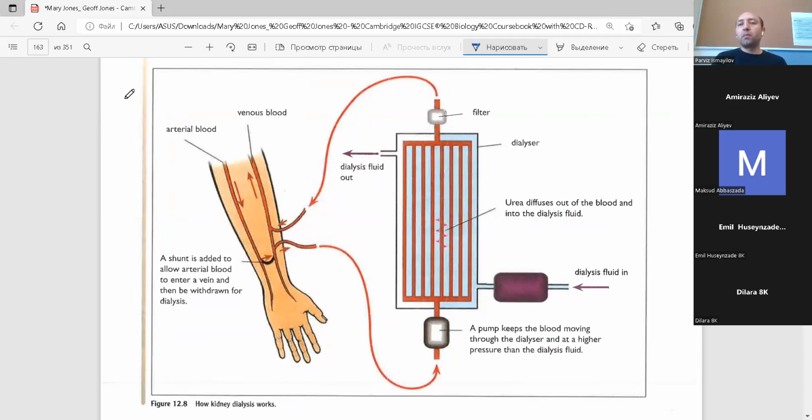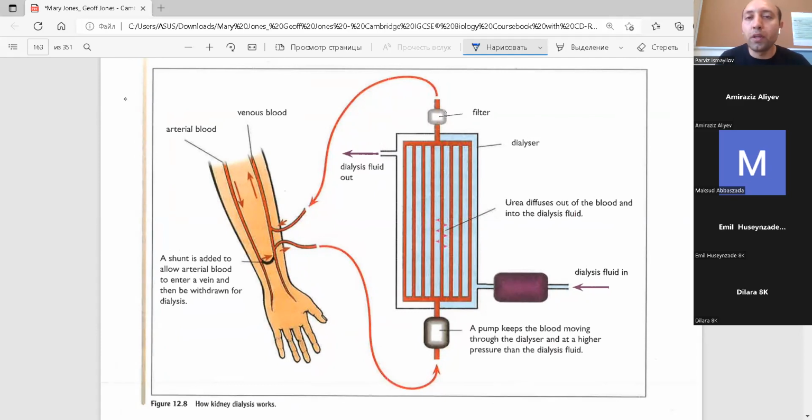There are many people who can live with one kidney, but there are also people whose both kidneys are not working. If both kidneys are not working, you need to go to this machine. This is known as kidney dialysis. This machine filters and cleans the blood.